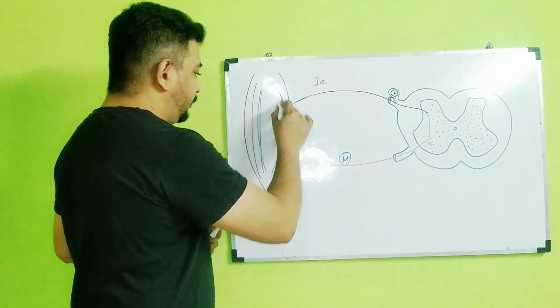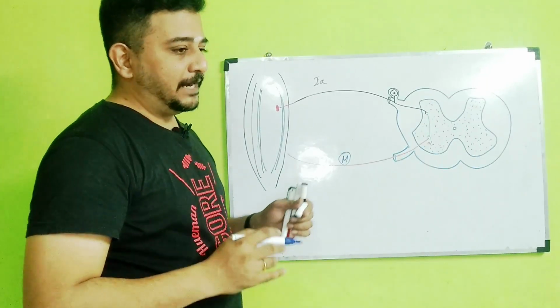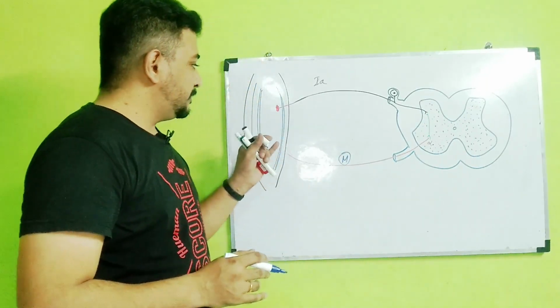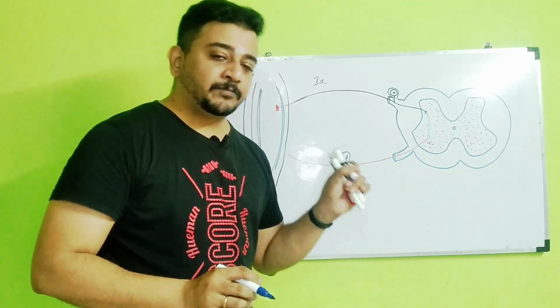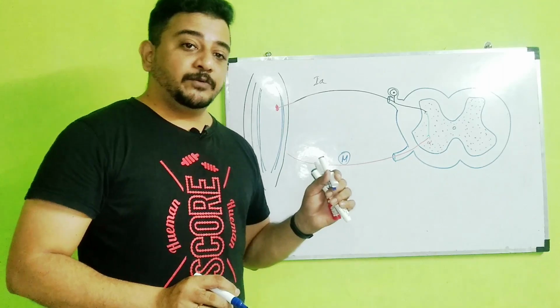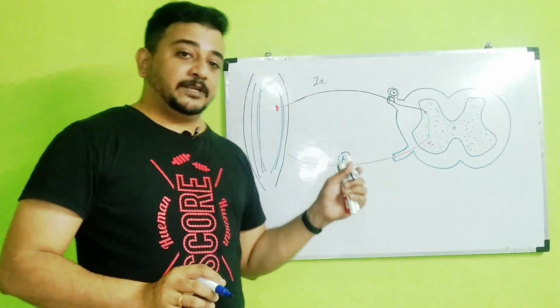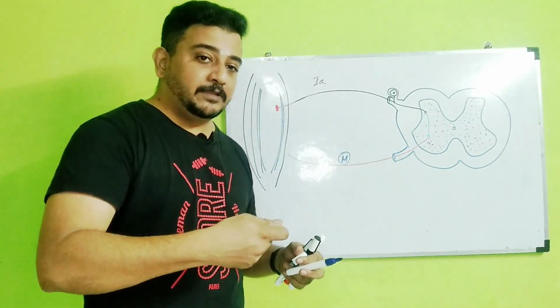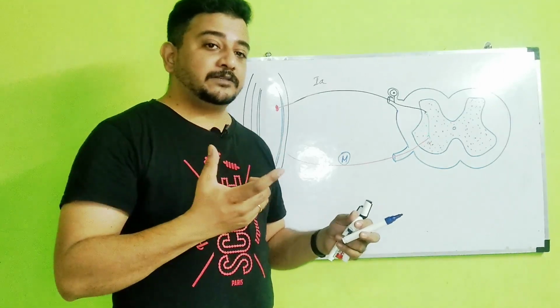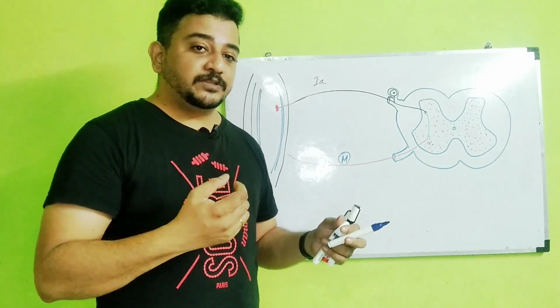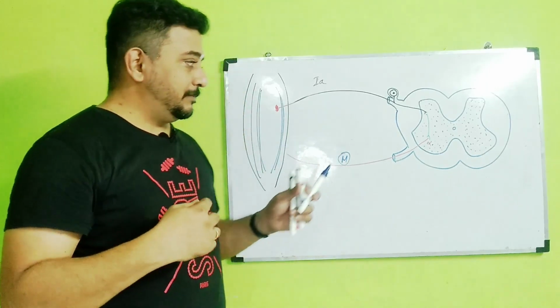One thing you have to remember is extrafusal muscle fibers are large muscle fibers, and intrafusal muscle fibers are small fibers present inside the muscle spindle, which can effectively sense the stretch happening in the muscle. When you are tapping the tendon with your knee hammer, you are invariably producing the mildest of stretch on the extrafusal muscle fibers.